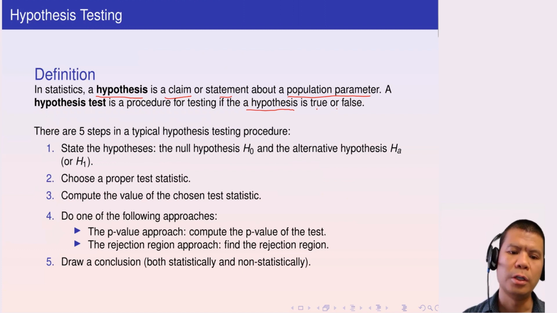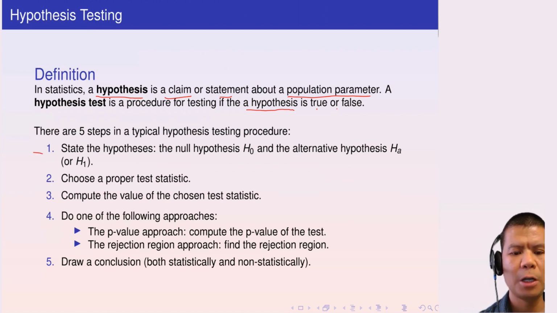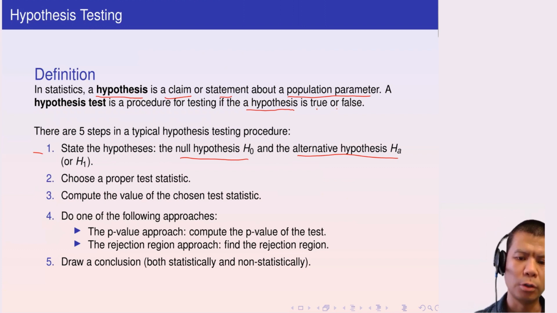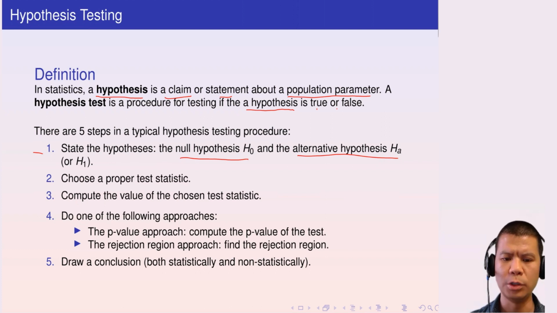Now, there are 5 steps in a typical hypothesis testing procedure. One is to state the hypothesis. There are usually 2 hypotheses. One is called the null hypothesis. The other is called the alternative hypothesis. Second is to choose a proper test statistic. Third is to compute the value of the chosen test statistic.